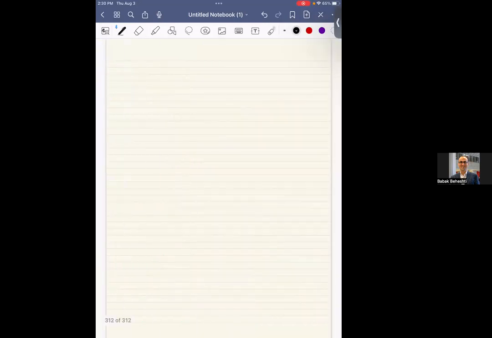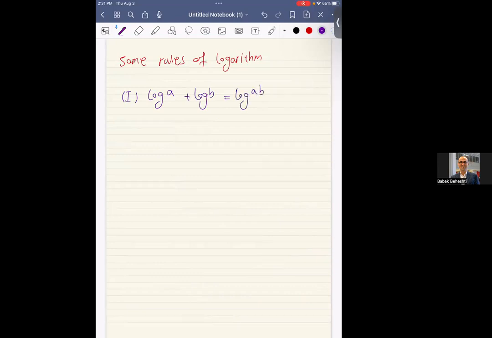Now let me tell you some important rules for logarithm. These rules don't depend on the base, no matter what base is. Log of a plus log of b equals log of a times b.